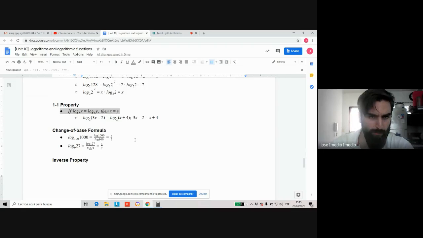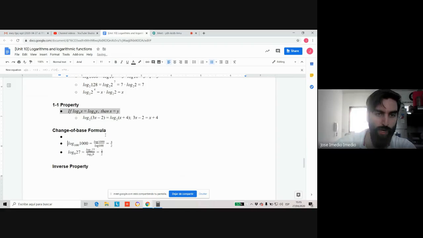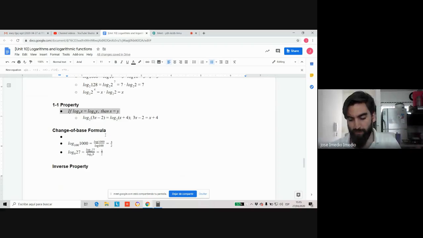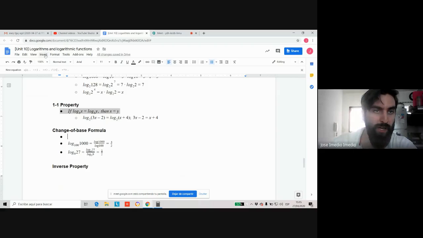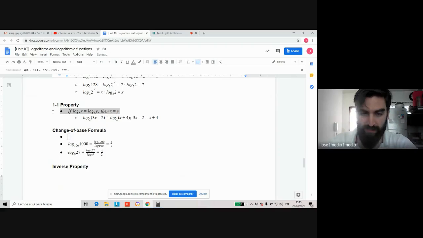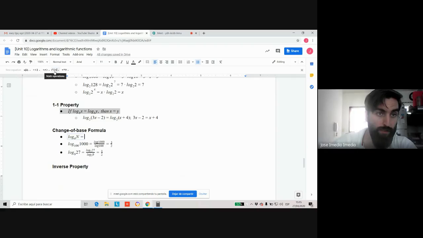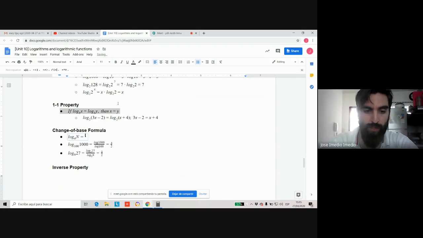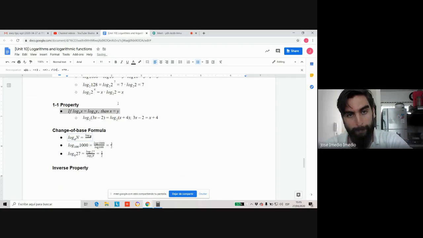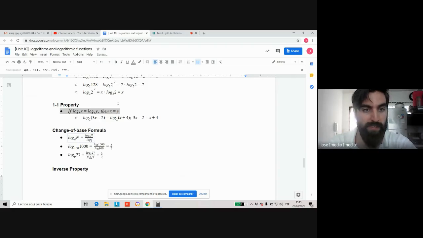Change of base formula. Actually, here I did not write the general expression, which you can find in your book, and it's logarithm base a of n equals the quotient of logarithm base b of n divided by logarithm base b of a.